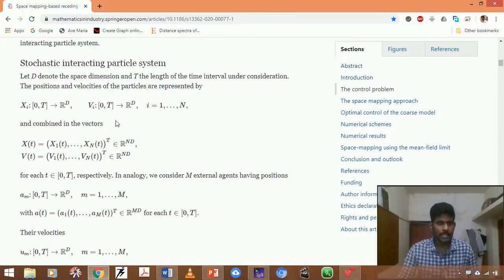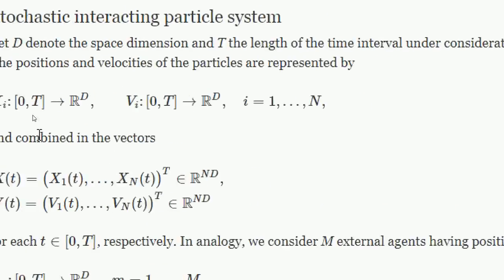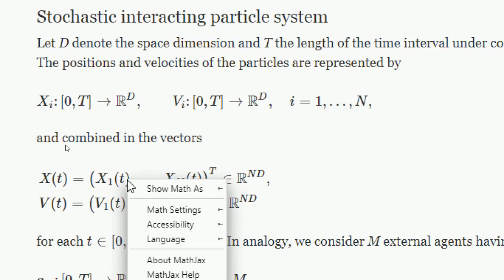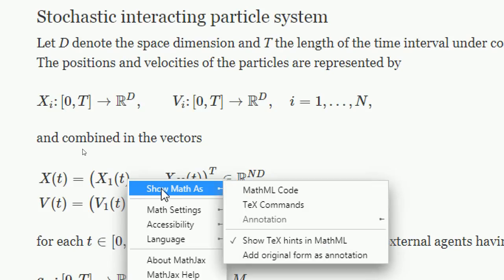Here you could see some mathematical expressions. They are produced by using LaTeX codes. You can notice it by simply right clicking it, and then 2 codes are embedded. One code is MathML code, and one more code is TeX commands.